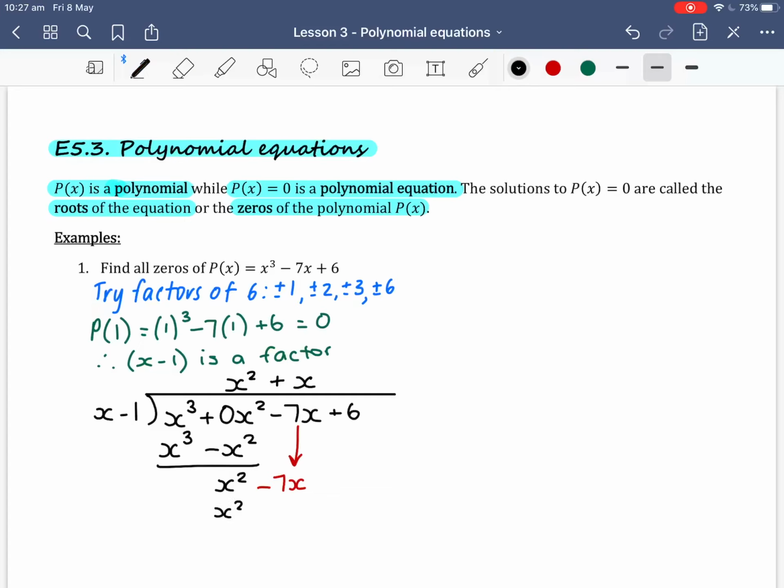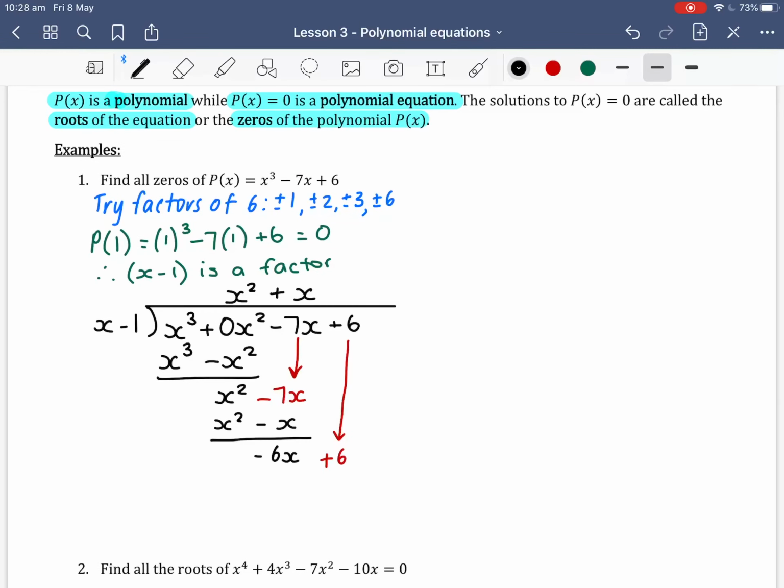So then we go our x times our x is x squared. x times minus 1 is minus x. So then we subtract, so x squared minus x squared is 0, minus 7 minus negative 1 is negative 6x, and we bring down our plus 6.